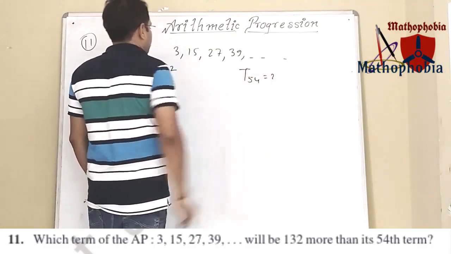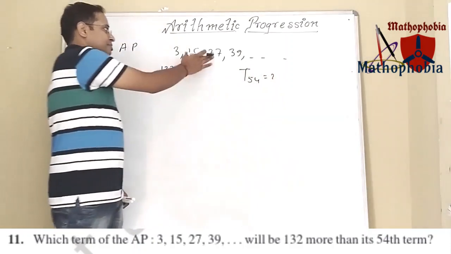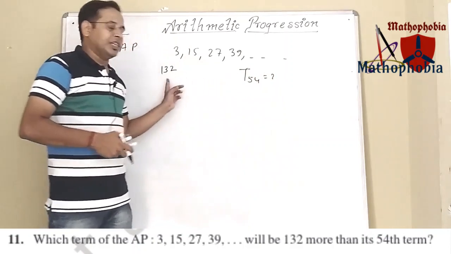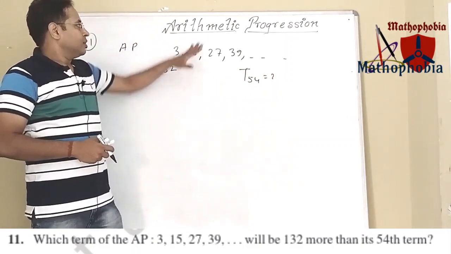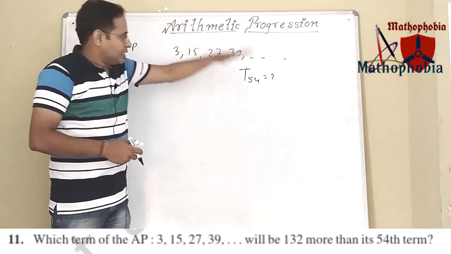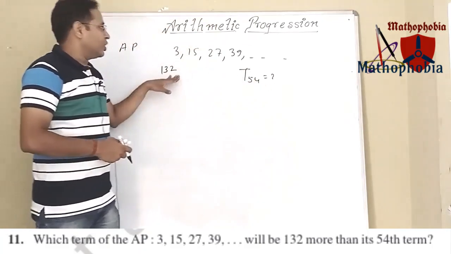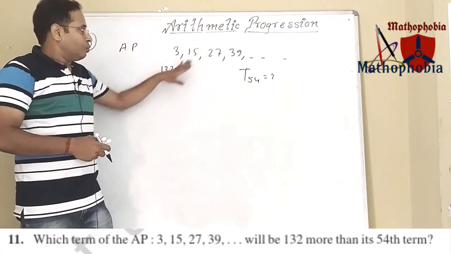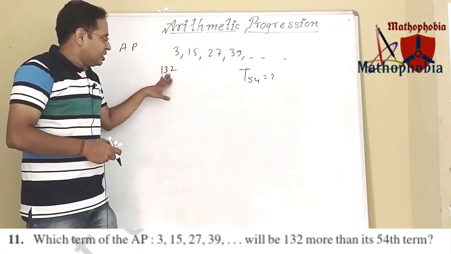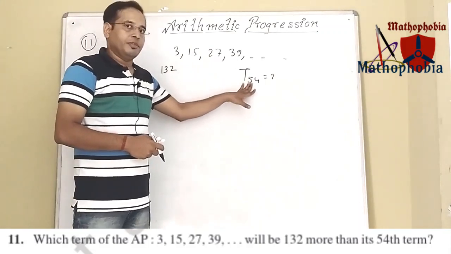This is given. ठीक है, इस AP का कौन सा टर्म उसके 54th टर्म से 132 ज्यादा है? इसका मतलब ये हुआ, फिर से समझो, इस AP का कौन सा टर्म इसके 54th टर्म से 132 ज्यादा है? Which term of this given arithmetic progression is 132 more than its 54th term?